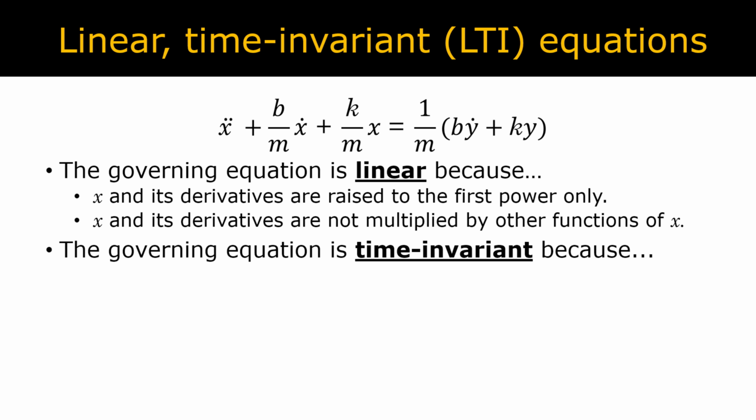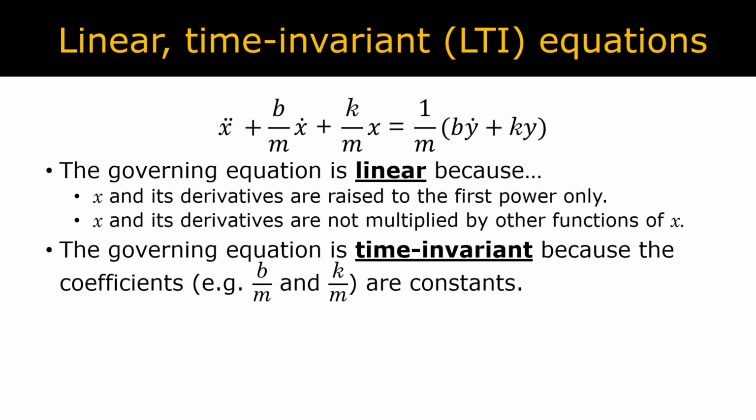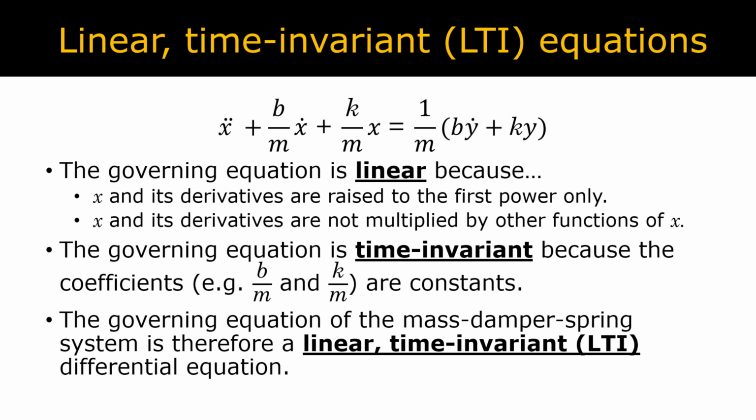We could also say this governing equation is time invariant, and this is because its coefficients, such as b over m and k over m, are constants. They do not change with time. Therefore, the governing equation of this mass damper spring system is a linear time invariant differential equation, or an LTI differential equation.